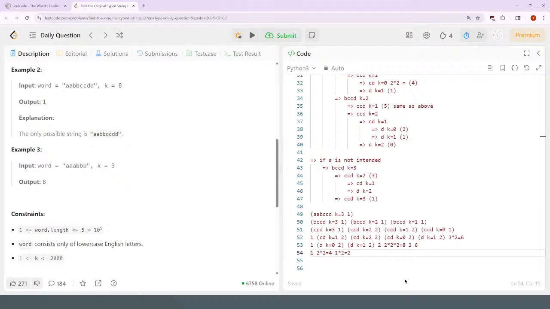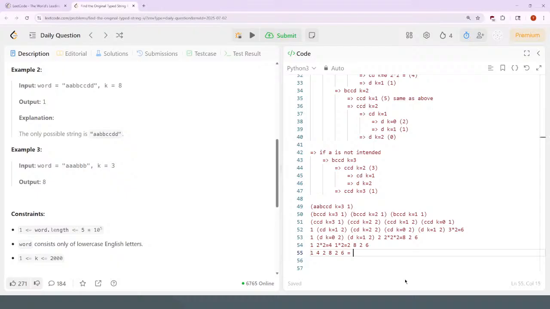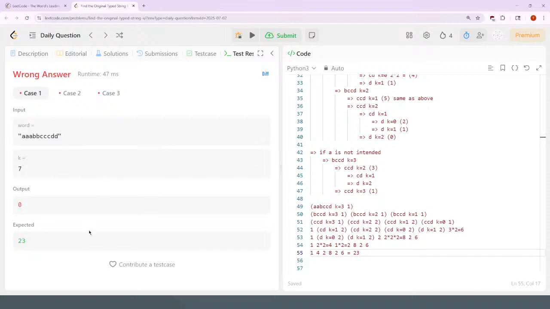It's 2. And then I have an 8, 2, and a 6. So it ends up being 1, 4, 2, 8, 2, 6. And that ends up being a total of 10, 23. Is that the right answer? 23. Oh my god.